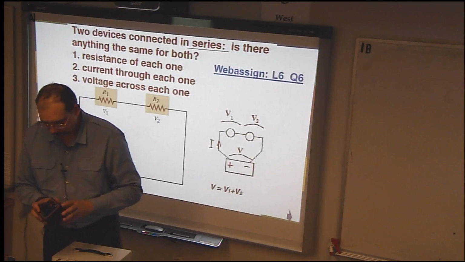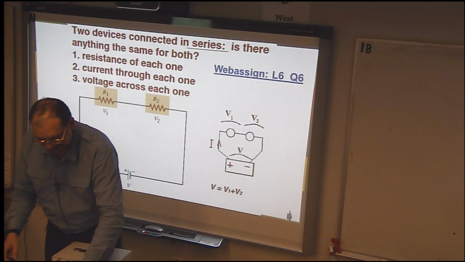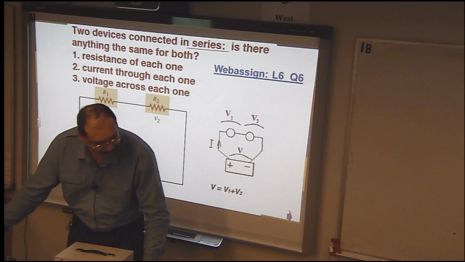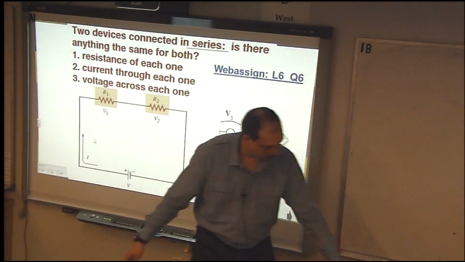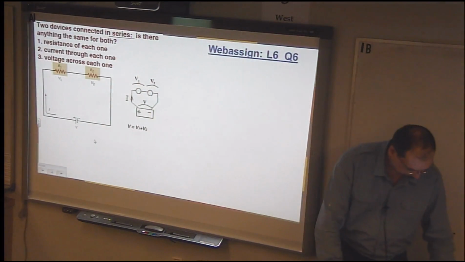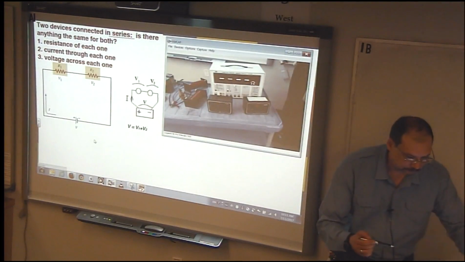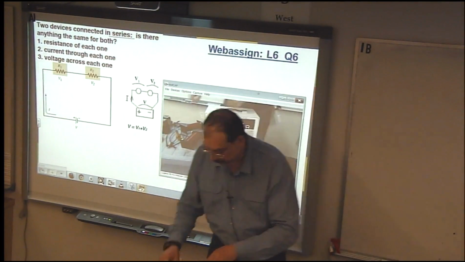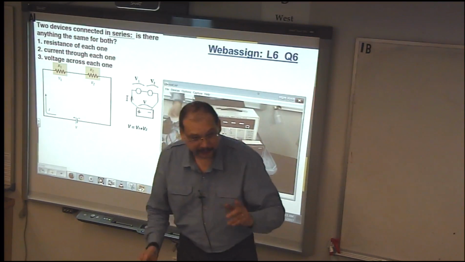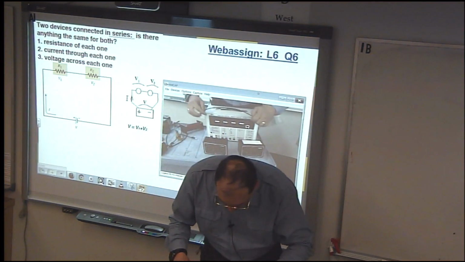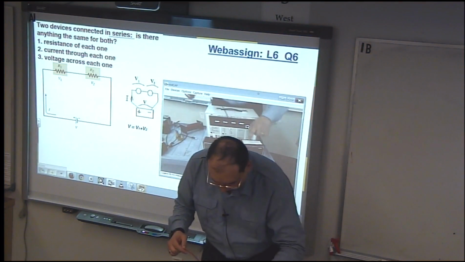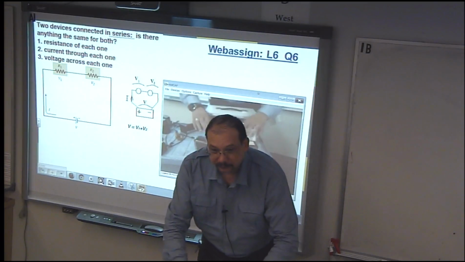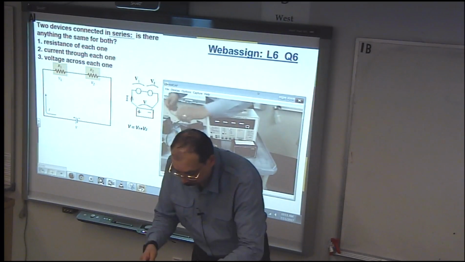And here I have two of those devices, elements, resistors, connected in series. As we know, the name of the connection doesn't depend on what devices we use. Capacitors, resistors, coils.